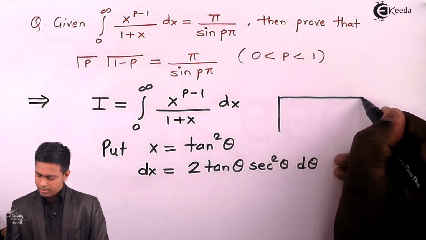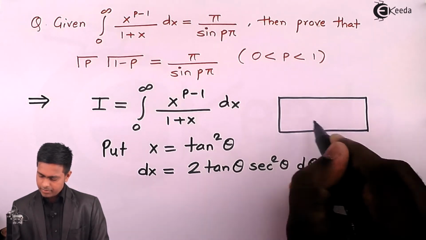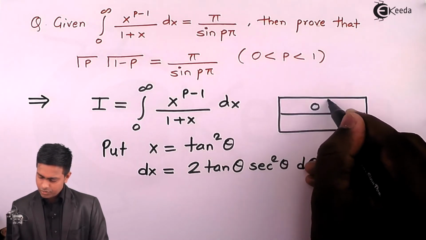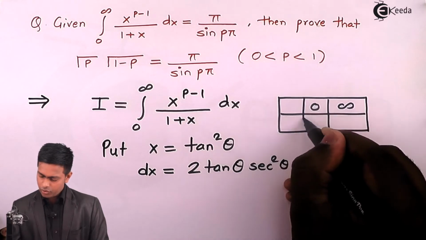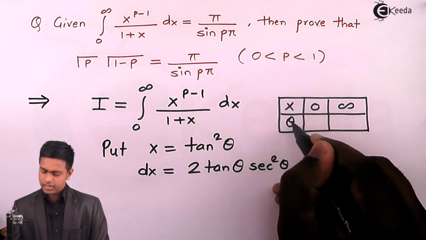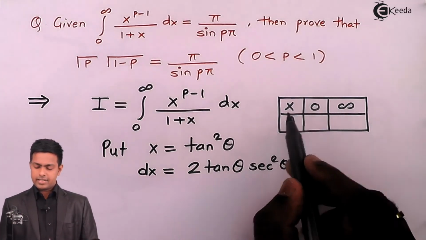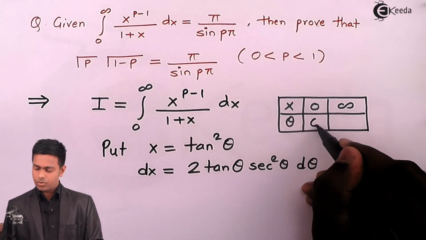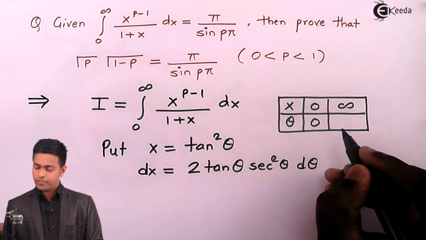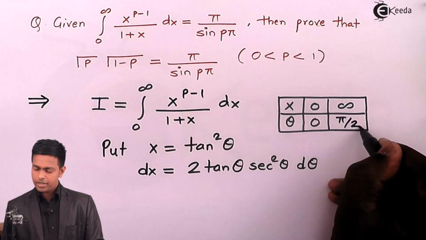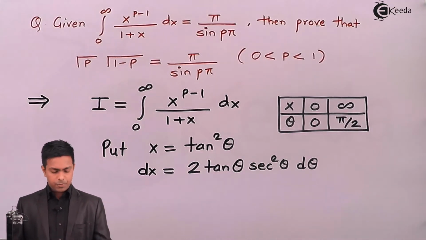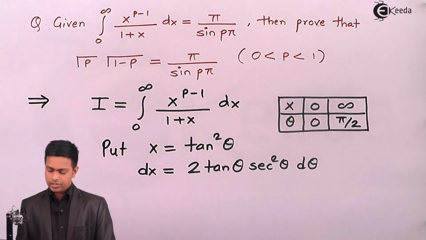Currently it is from 0 to infinity for x. For theta, when x is 0, tan inverse of 0 is 0, and when x is infinity, tan inverse of infinity, as I said, is pi by 2. Now let's substitute all these values in the integration.